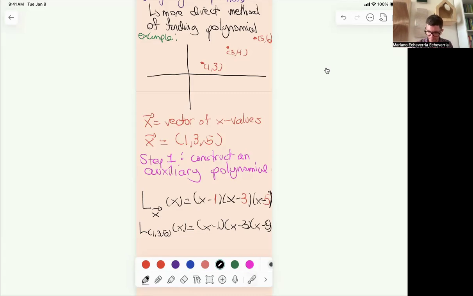For example, if I changed this x value to a 9, there would be a 9 here.